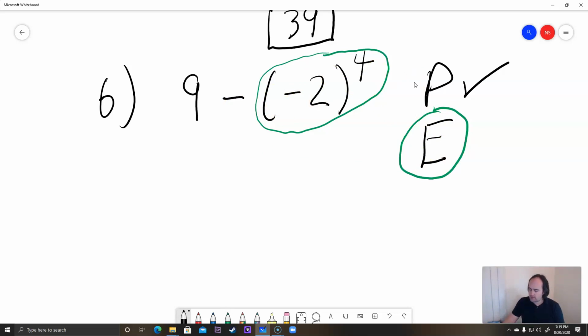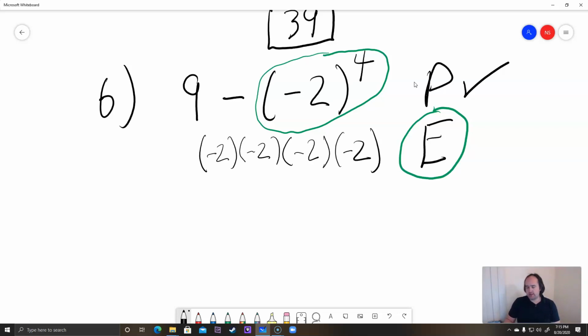Well, one way of doing it is to write it all out. That's probably a good way. So we've got negative 2 times negative 2 times negative 2 times negative 2. There's 4 of them because it's negative 2 to the 4th power. Okay? So crossing out these minuses, the first 2 minuses cancel, and the last 2 minuses cancel.